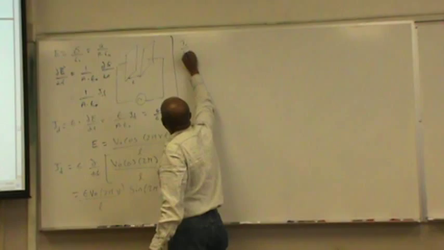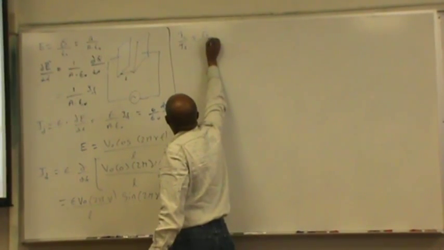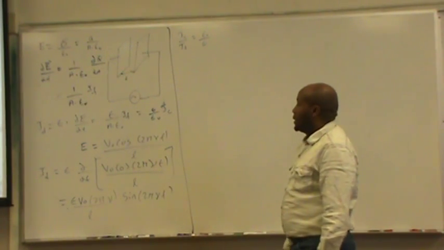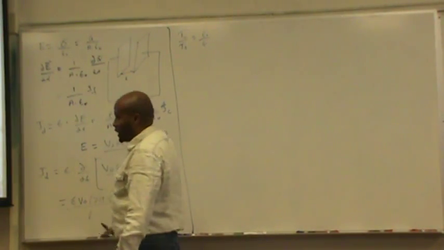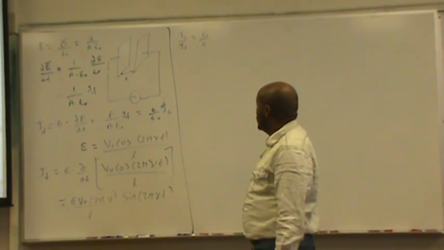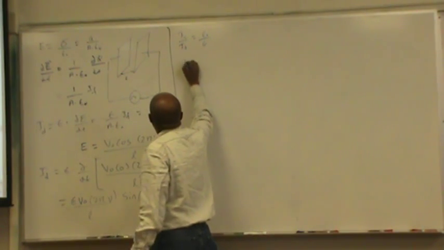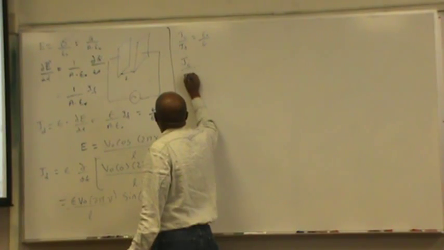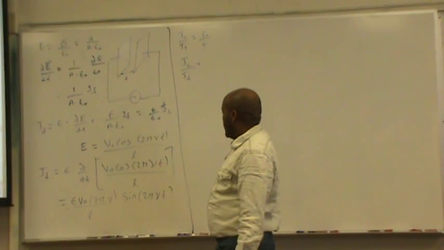JC over JD becomes epsilon naught over epsilon. But for this one, if you just focus on the amplitude, that's the question: what's the ratio of the amplitude of the conduction current to the displacement current?